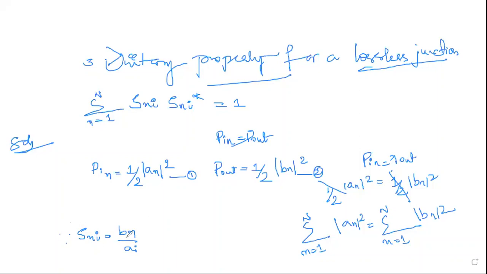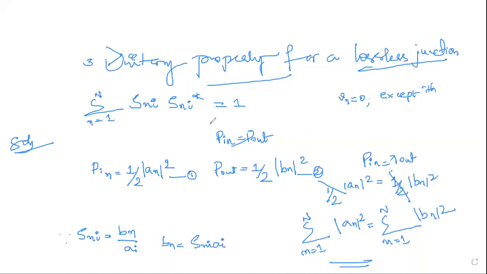Similarly, now you have to consider how you have done it for the symmetric property, considering the voltage levels for n networks are all 0 except the ith port. So if the same concept is applied to this equation, I can write Bn as Sni into Ai. I'll tell you once again.